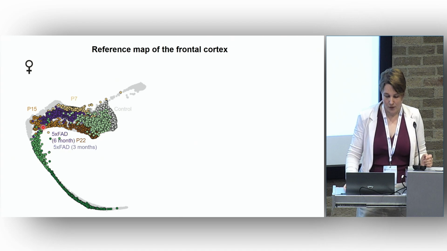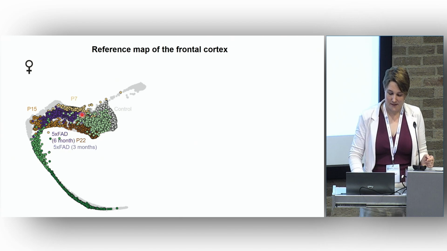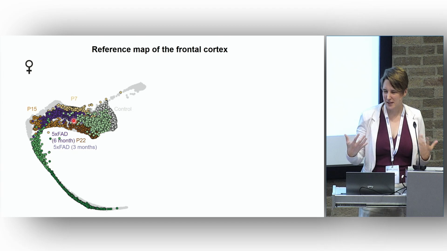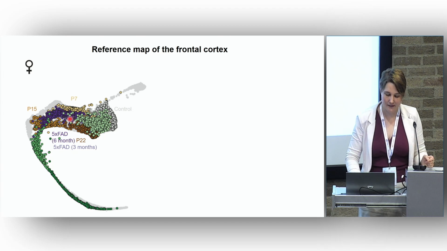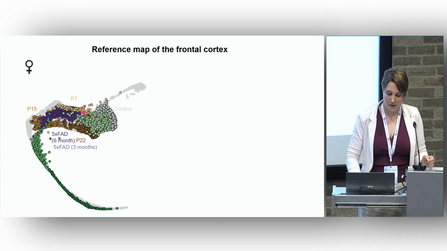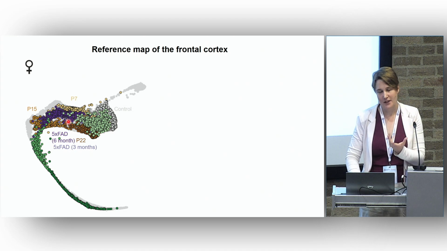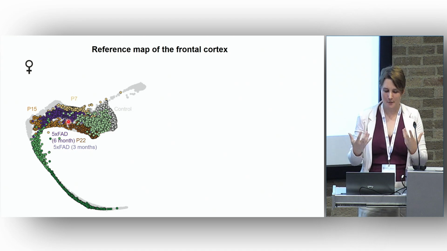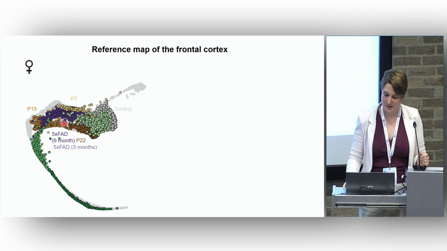Now, when we look at the two Alzheimer models, in the frontal cortex they are not yet as strong in the 5xFAD. But still, you can see a morphological shape similar to what you see in these early developmental states.